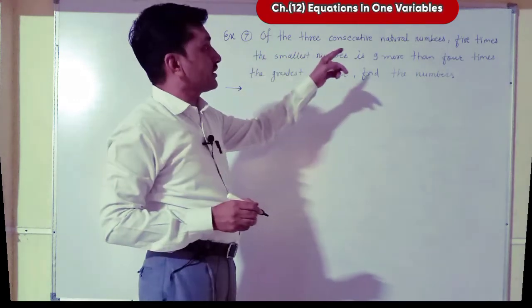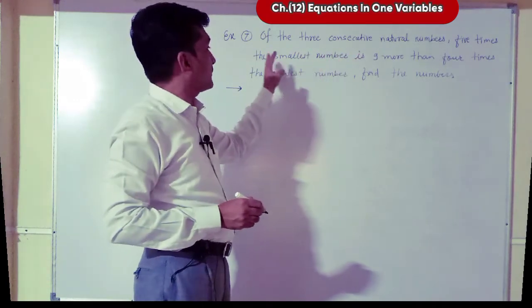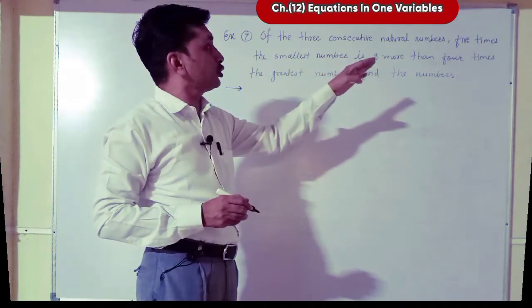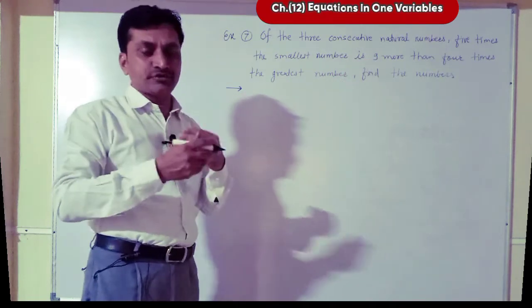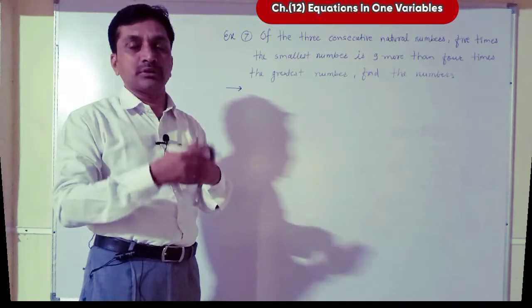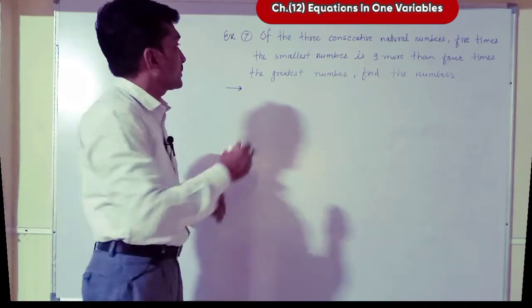Of the three consecutive natural numbers, 5 times the smallest number is 9 more than 4 times the greatest. Find the numbers. Now consecutive numbers means greater by 1.